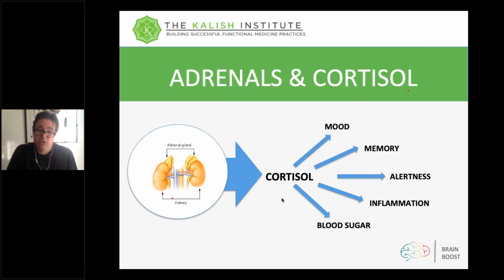And the doctor just kind of shrugs his shoulders, right? And says, well, you might have chronic fatigue syndrome, or you may have fibromyalgia, or any one of these syndromes, right? Because they're not looking at a deeper level.